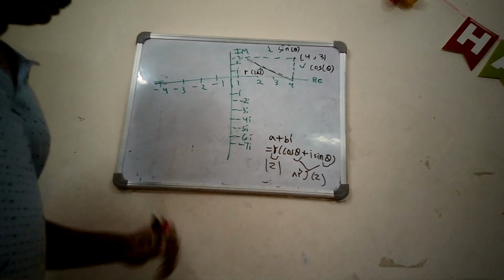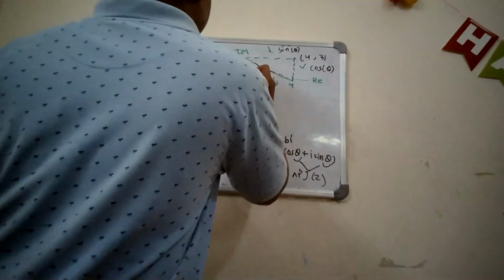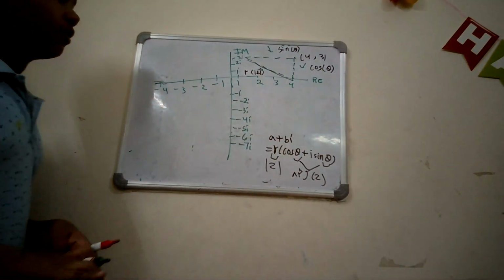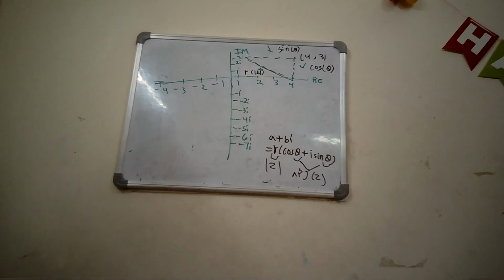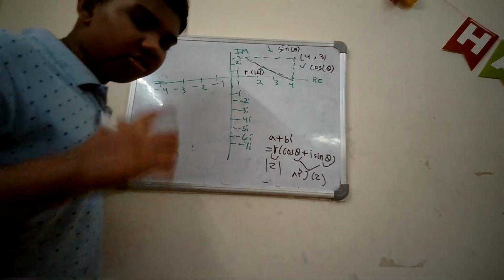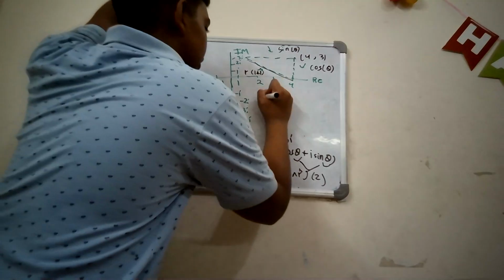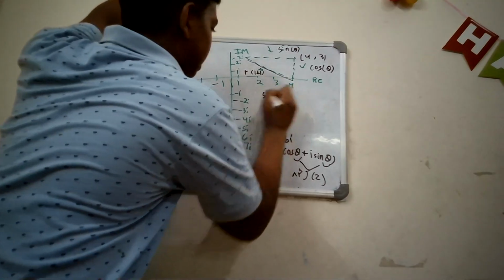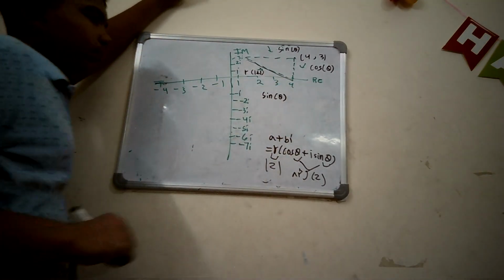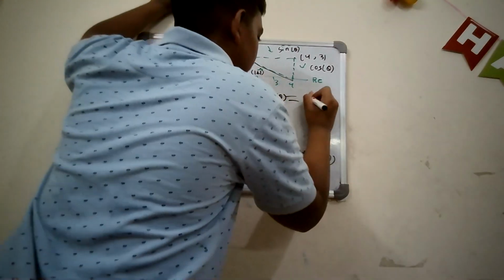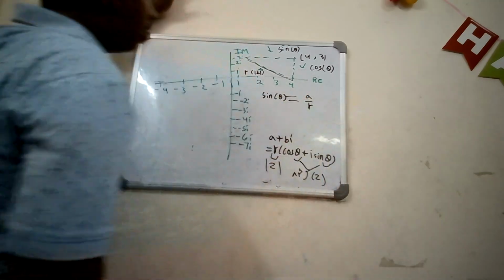Okay. Now back to drawing the polar form. What we have is R, which is the modulus, so we can rewrite this as R. Now if we use our mind on trigonometry, we know that sine theta would be equal to A upon R, right?